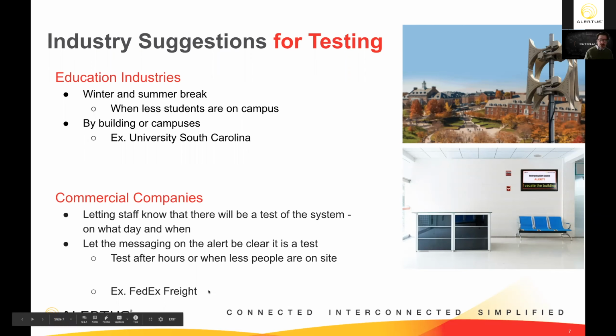On the commercial side here, I chose FedEx Freight as a great way to test the system and letting staff know. We just finished a deployment with them where they are utilizing our system for imminent threat and severe weather. Obviously, they have distribution centers all across the United States, and we set up the system in all different distribution centers.